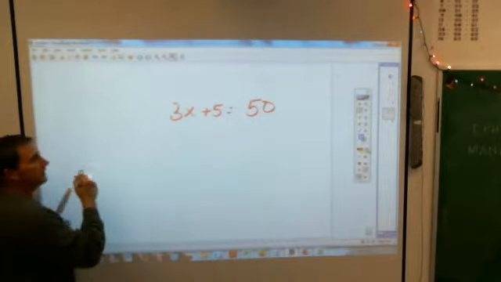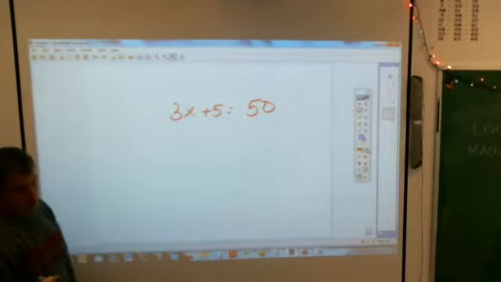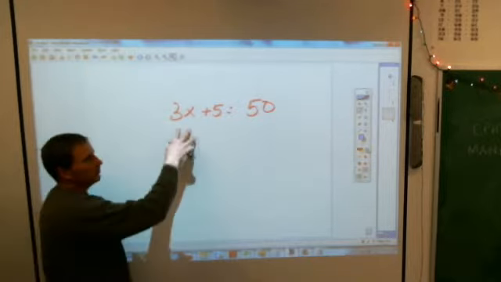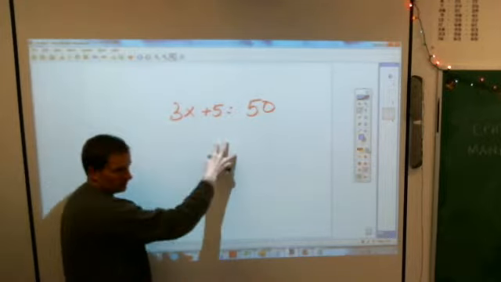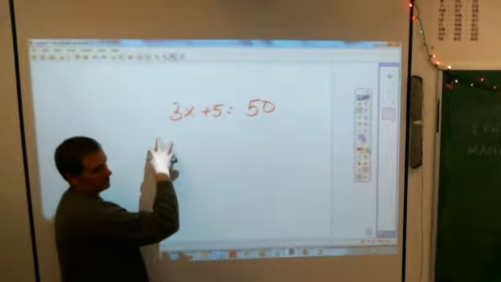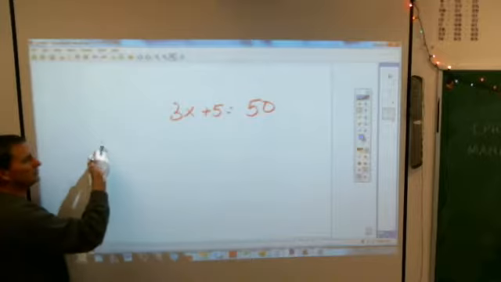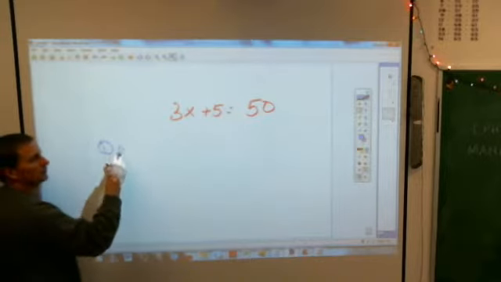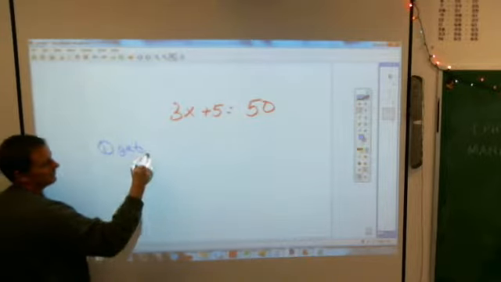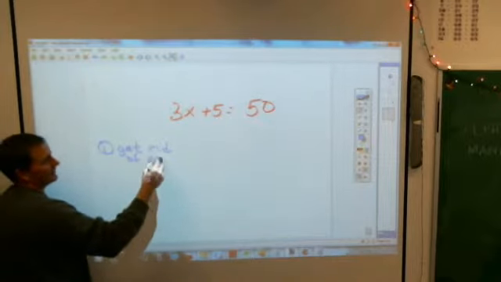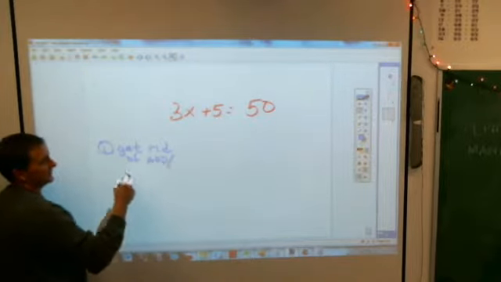Write this down. Unlike order of operations, which says you have to do multiplication and division first, when you solve equations, you actually are working backwards. So the first thing you do is get rid of adding and subtracting stuff first.